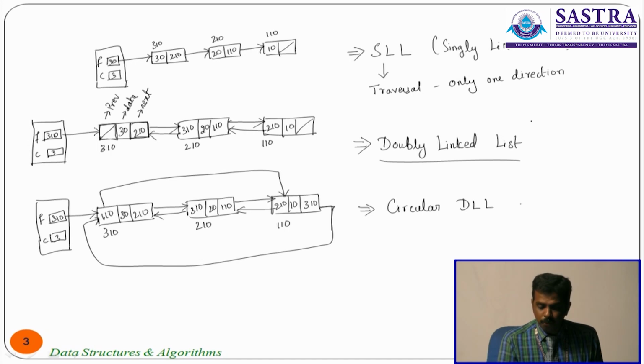Okay. So, now we will discuss some algorithms for the doubly linked list, how to convert the singly linked list algorithm to the doubly linked list algorithm. Also, we are not going to discuss all the operations in the doubly linked list. We will discuss the basic insertion and deletion operations for the doubly linked list.